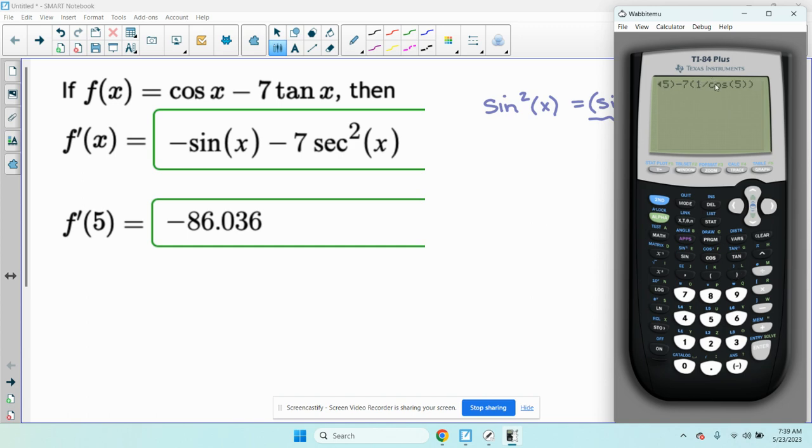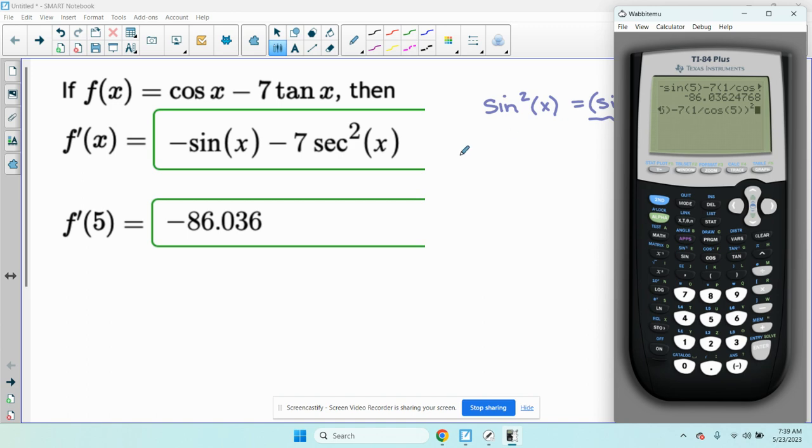And then I want to take that 1 divided by cosine of 5 and square it. So that's where I get the negative 86.036. So just make sure that you're putting anything that you're squaring, whether it's just the 1 over cosine 5 in parentheses, and square that thing, leaving the 7 out in front.